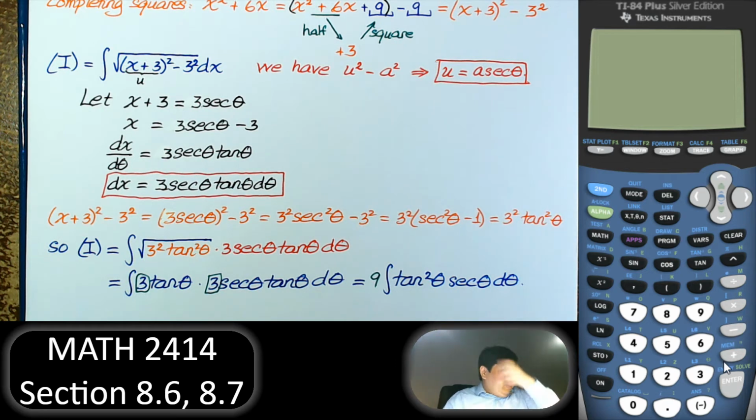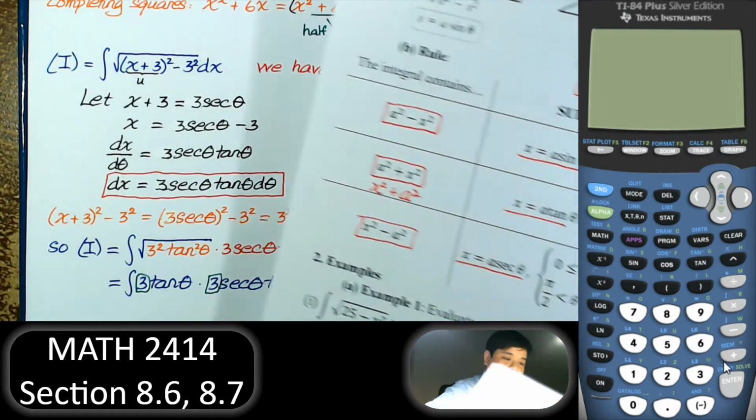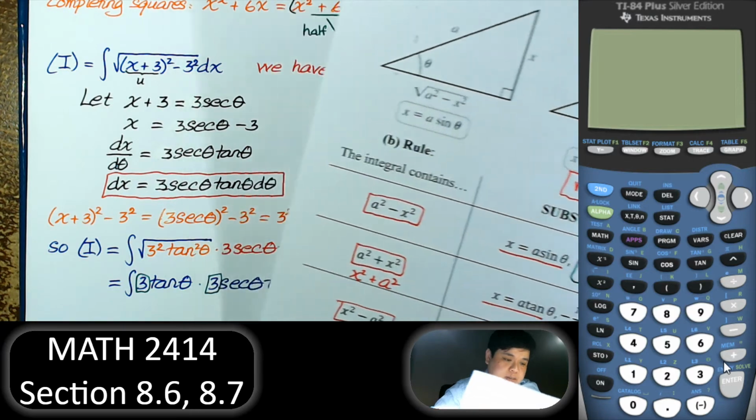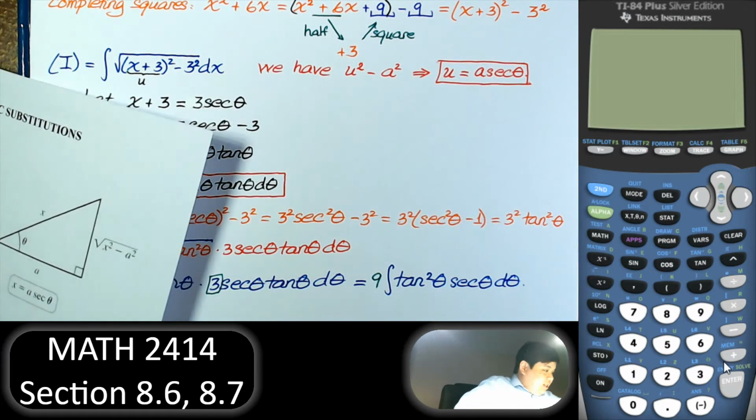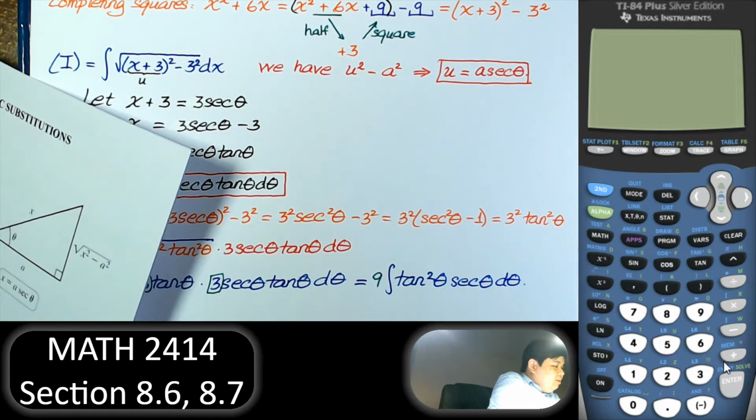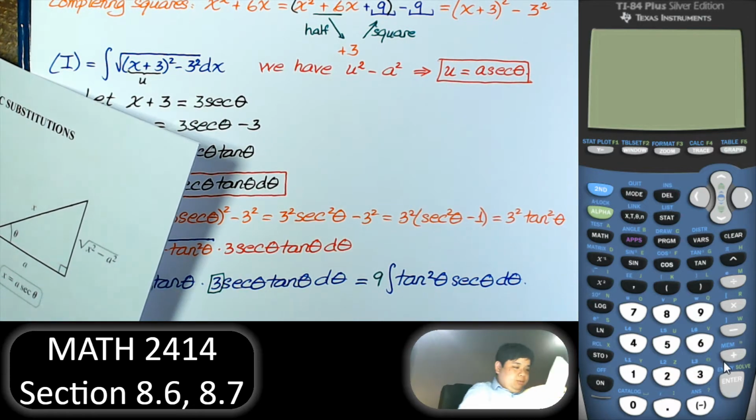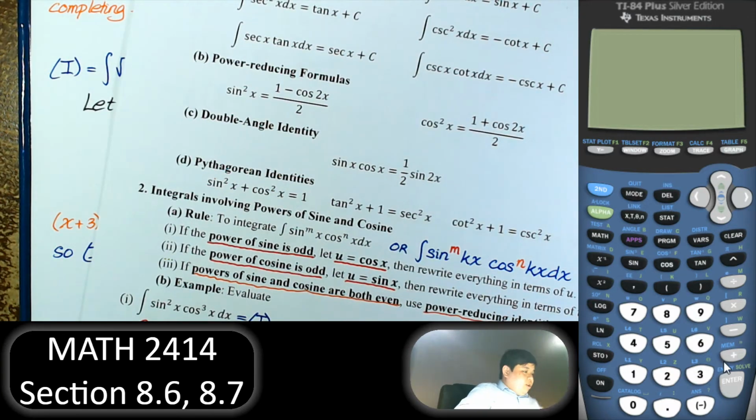How do we do this? Actually, I think we did something like this back in section 8.4. So let me look it up on what we did. It's about trigonometric substitution. Right, found it, 8.4. Sorry, 8.3, trigonometric integrals.